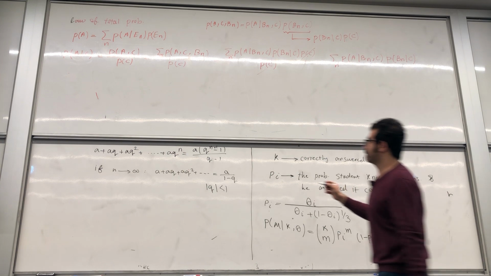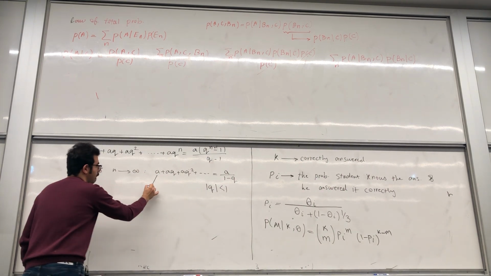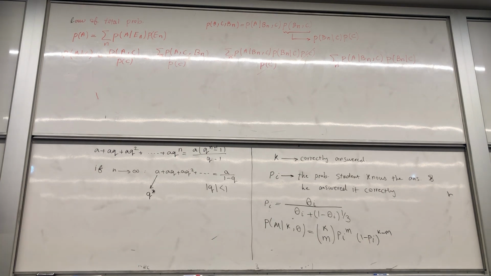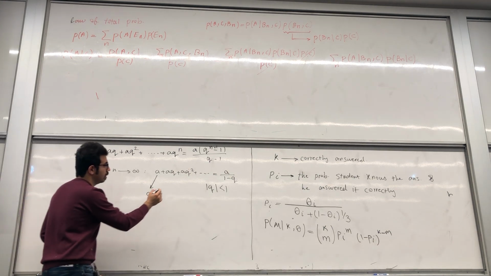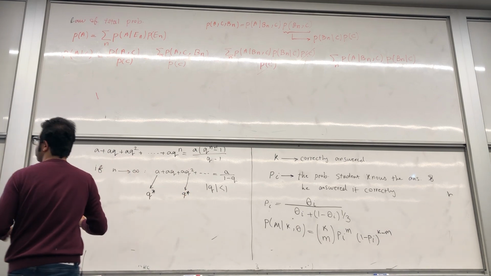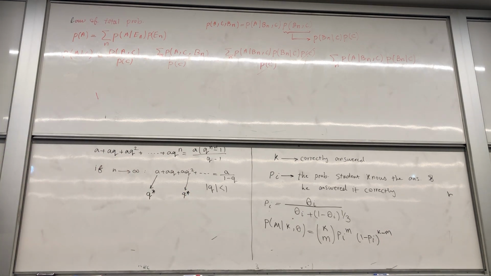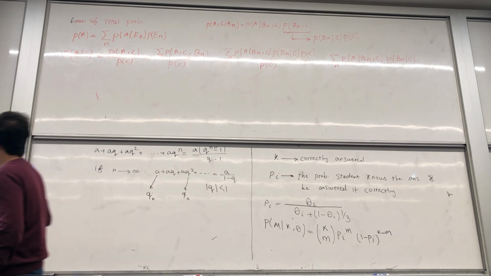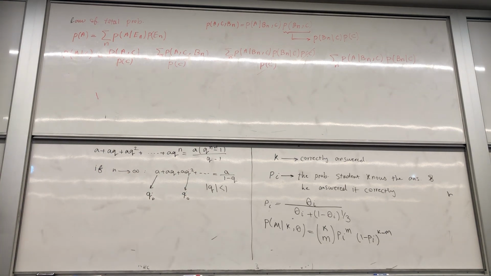So A in this formula is Q0 to the K star, and also the ratio Q is Q0. So I have Q0 to the K star over 1 minus Q0.